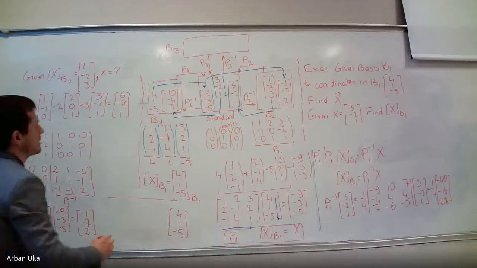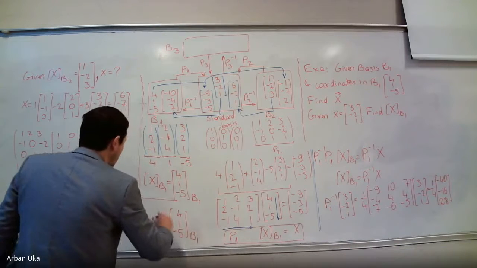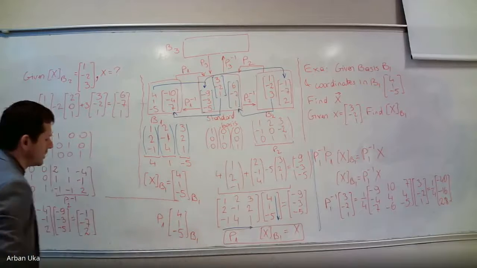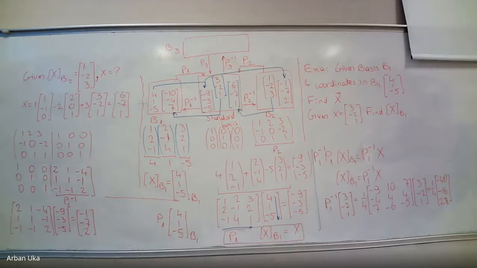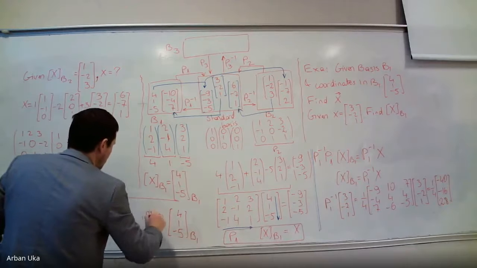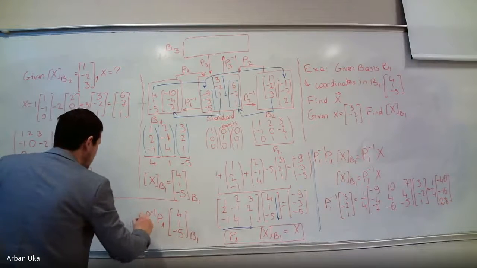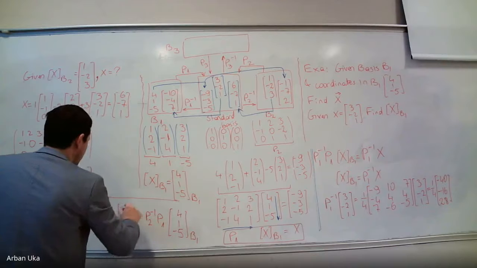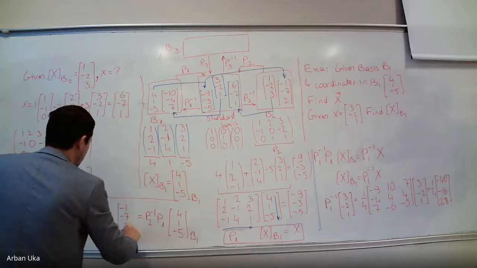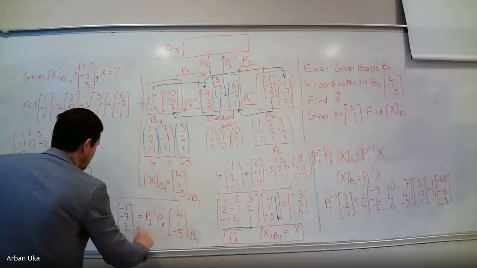We multiplied this 4, 1, minus 5, which was according to basis B1, with the matrix P1. Then we multiplied with matrix P2 inverse, and we got minus 1, minus 7, 2. But this is according to basis B2.